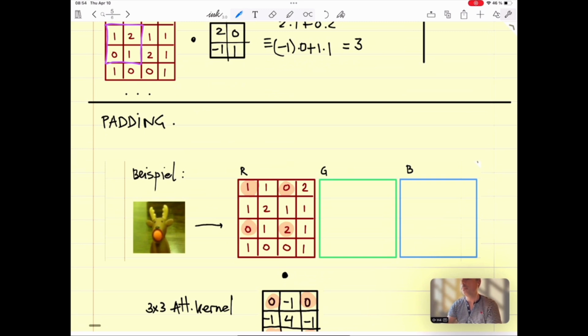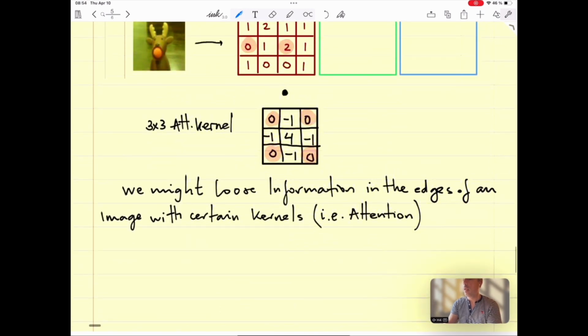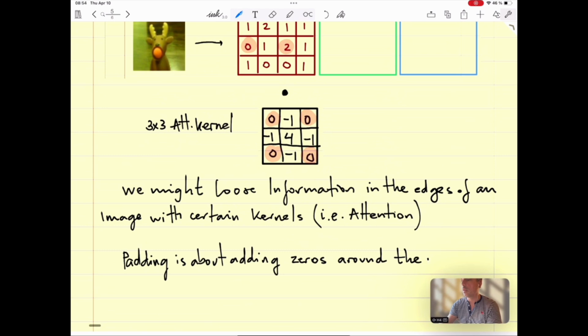Okay. Padding is about adding zeros around the image.